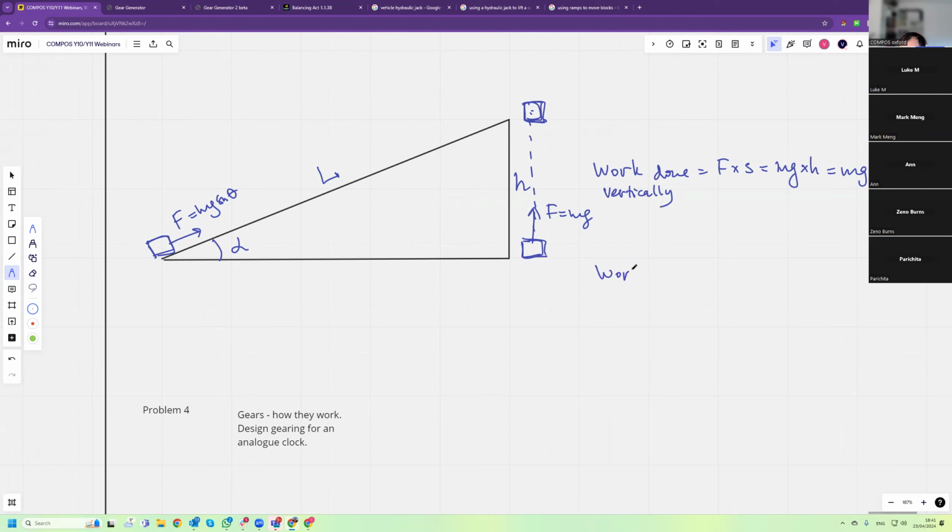And now the work done along the ramp. It's the force times distance.